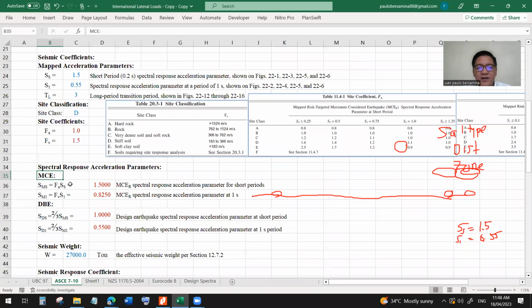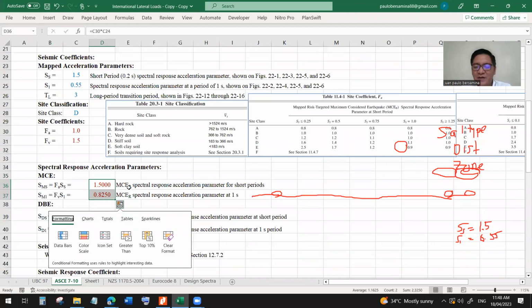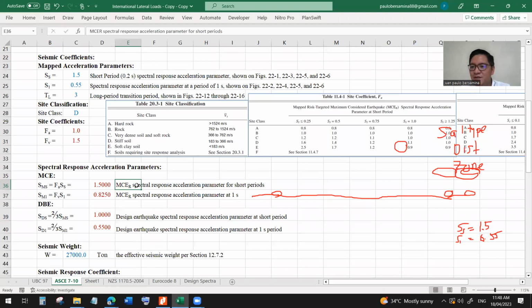But remember, this is MCE level. You know, 2,500 year return period. Eh, di ba, nagde-design tayo ng structure for a 500-year return period. Kaya ang formula ni code ay 2/3 SMS. Basically, multiply mo na sa 2/3.